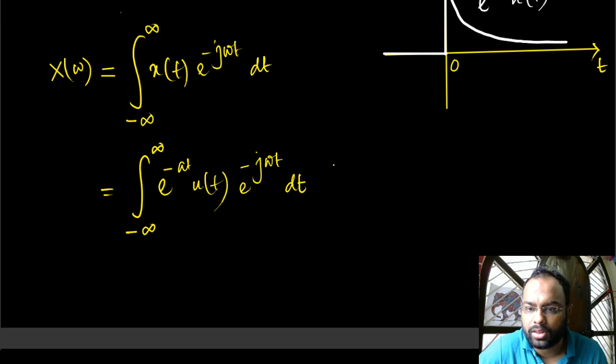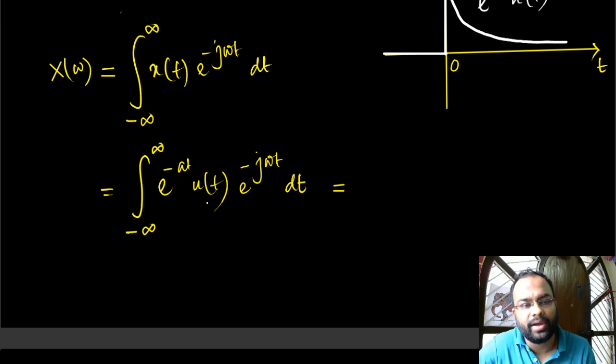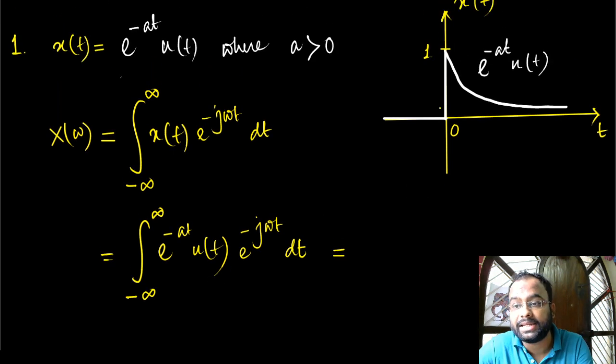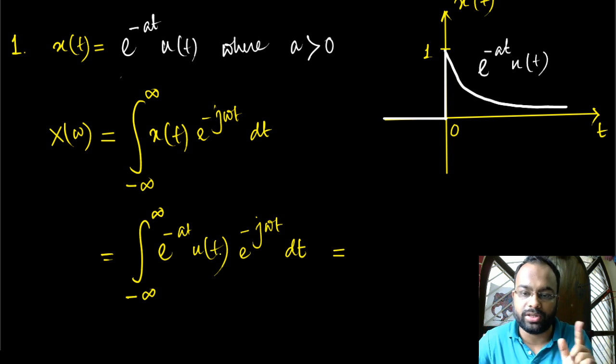So let's try calculating that. But before I can calculate this, try to figure out what is the role of u(t). The role of u(t) is to make the signal causal, which means since I have u(t) multiplied with the signal, that signal has a value of 0 before t equal to 0, right?